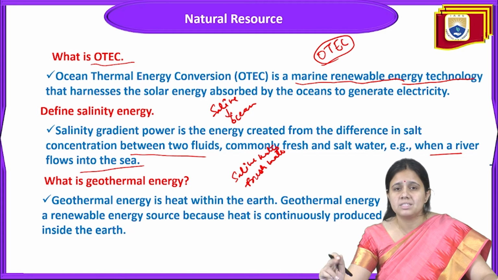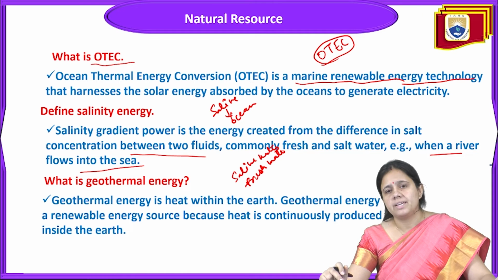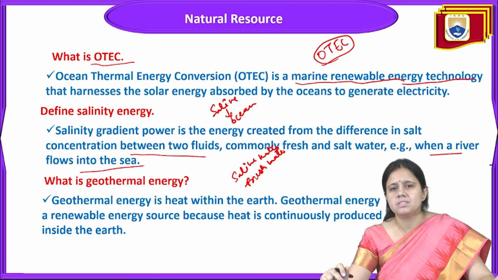The difference in the salt concentration of the two fluids can be used for the production of energy. This is called saline energy, and it is an example we already know, when a river flows into the sea.